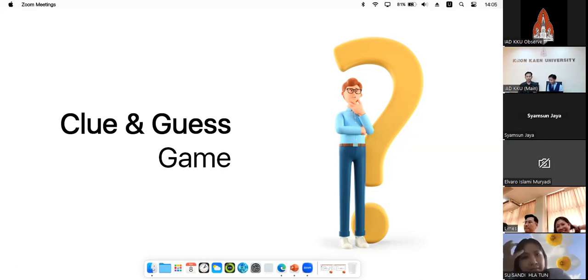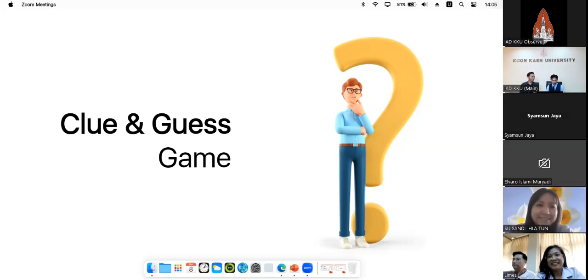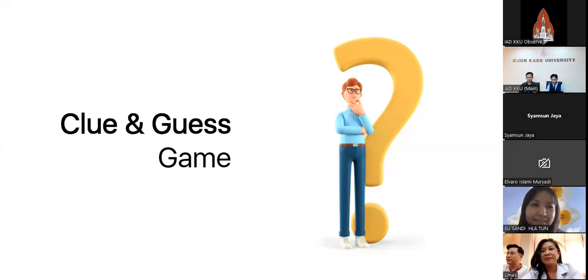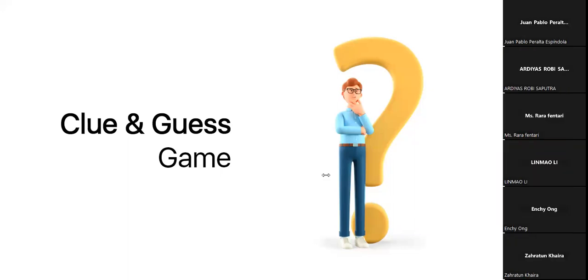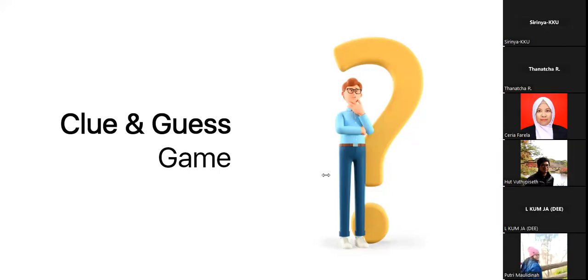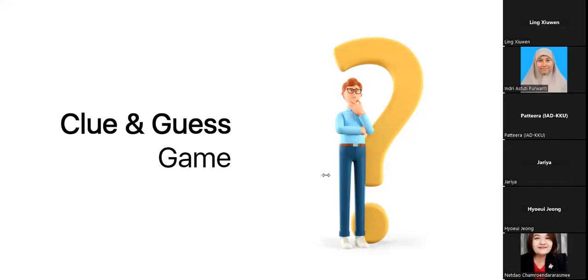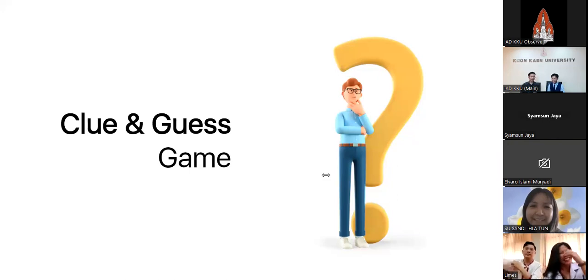Okay, so I have already messaged a person. It's Sandy. Mr. Sandy, please open your camera and give some clues to everyone here, so everyone can guess what it is. Okay, let's start. Go ahead.